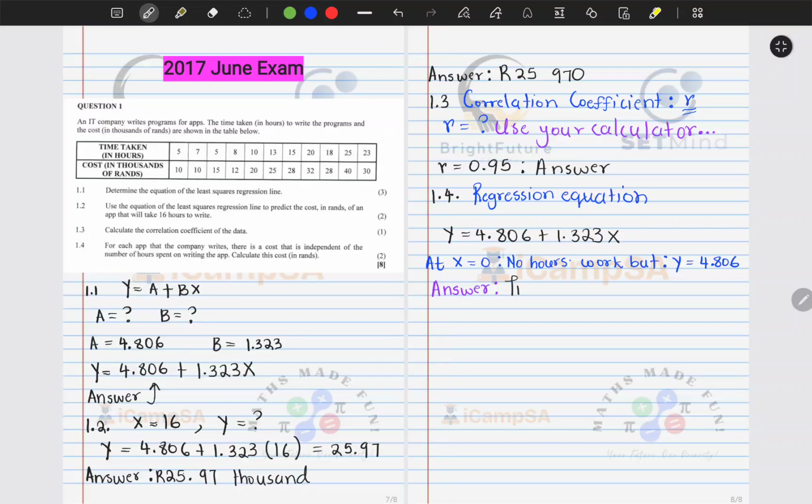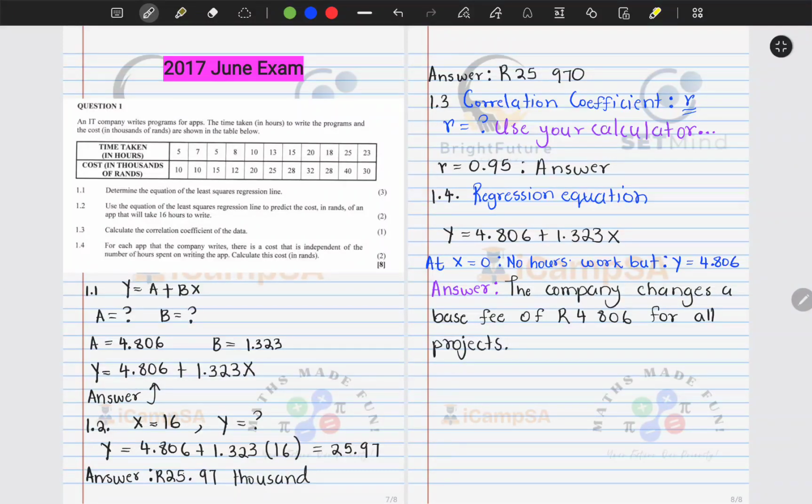So we can make a note, which is that the company charges a base fee of, if you observe carefully, 4,806 rand for all projects.